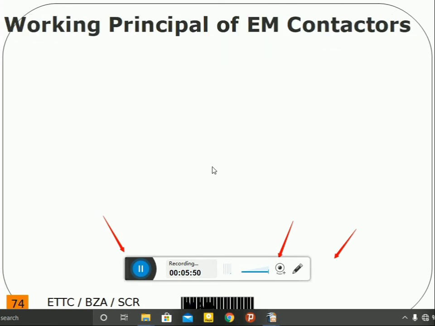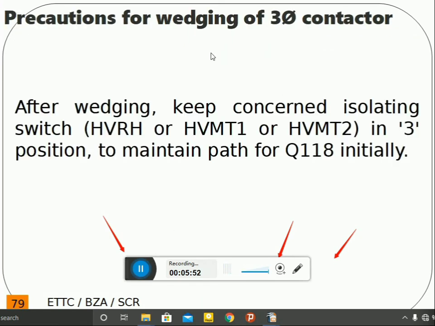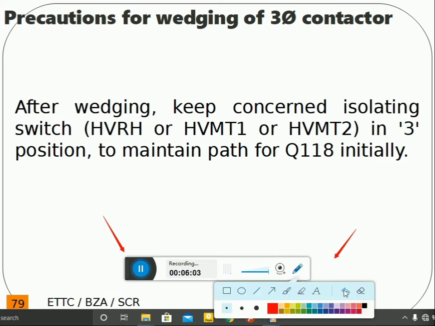If we wedge any of the EM contactors C105, 106 or 107, after wedging we have to keep the concerned switch HVRH, HVMT1 or HVMT2.